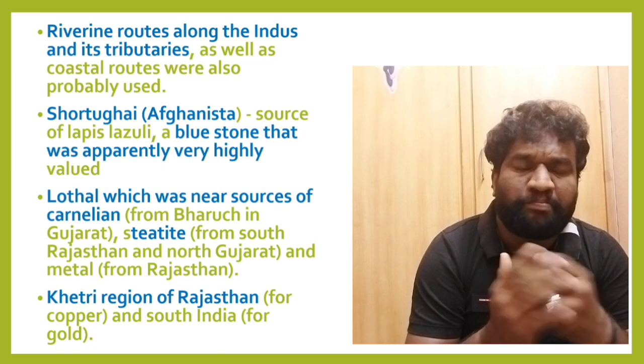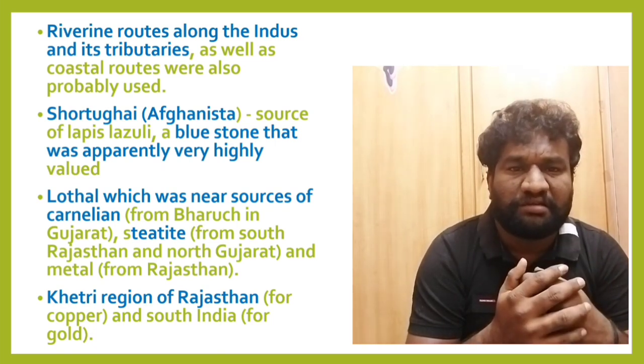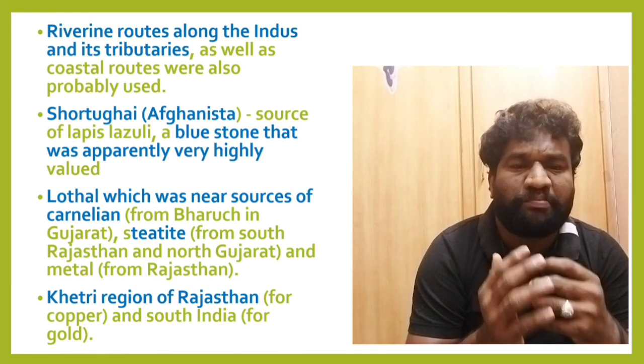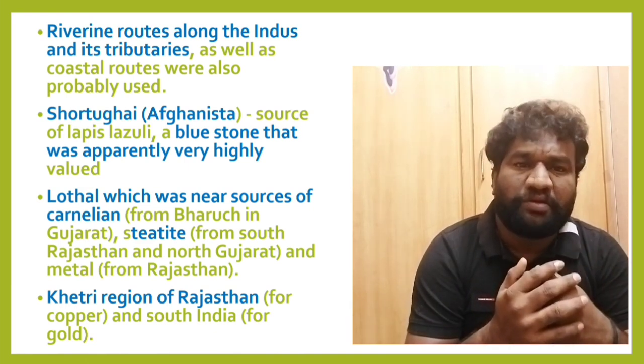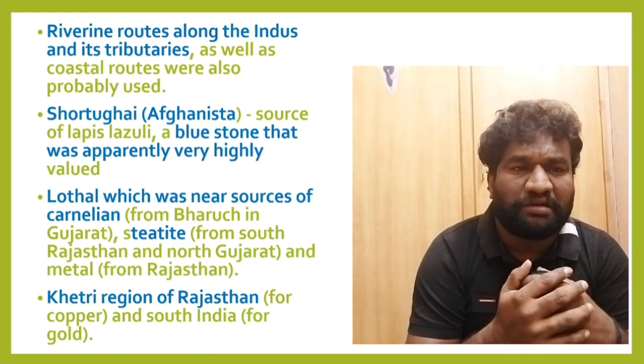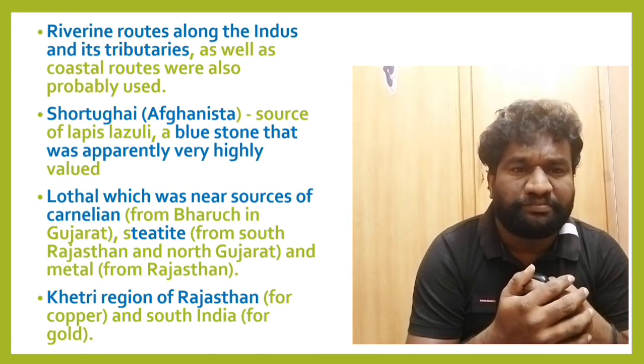Next, an important region is Khetri, a region in Rajasthan. This is a very important source of copper. At the same time, Harappa people imported gold from South India, which was also used for craft production. Copper was also probably brought from Oman, not only Khetri.